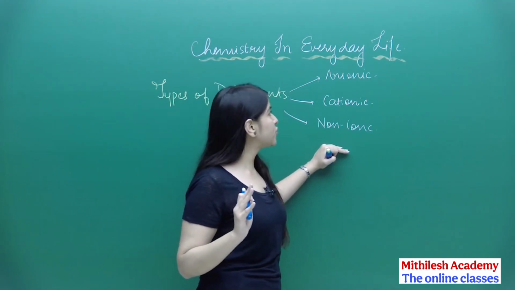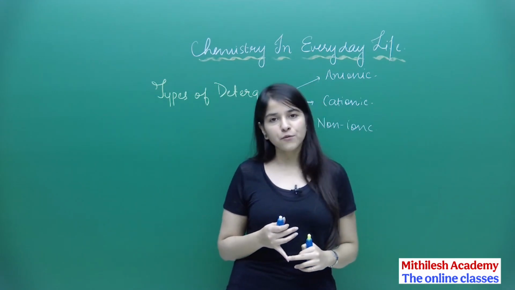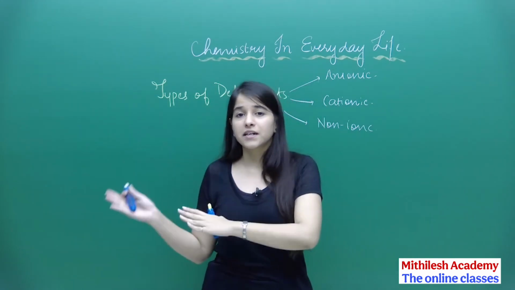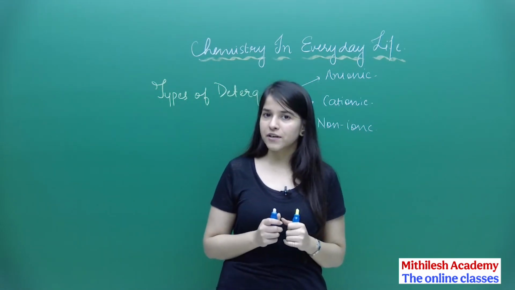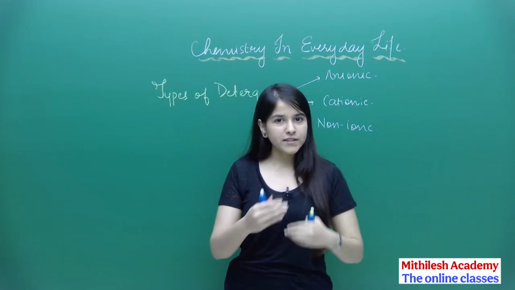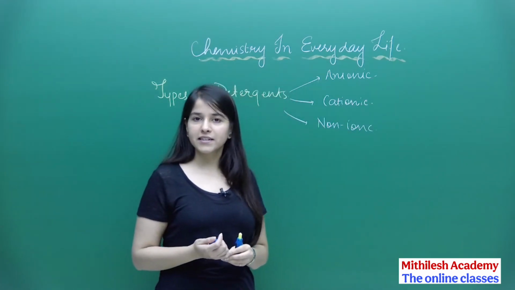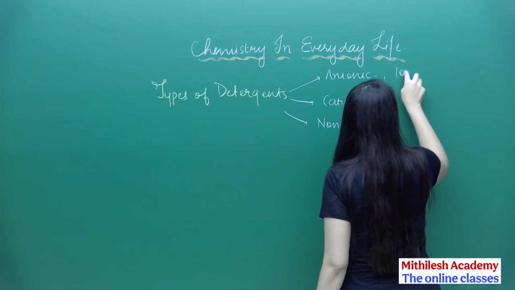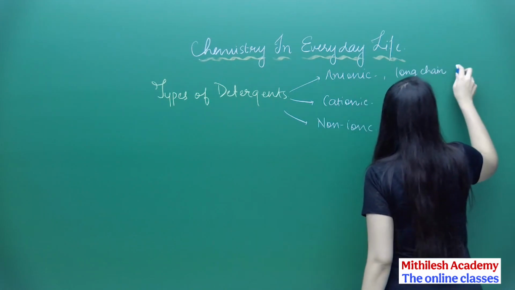So what we were on to was the anionic detergents. We had formed something with the lauryl alcohol. So lauryl alcohol resulted in the formation of sodium lauryl sulfate. That was the product that we had made at that time. So what is the basic process to make the anionic detergent? We need to first of all have a long chain alcohol.